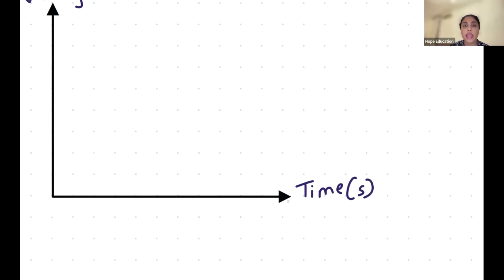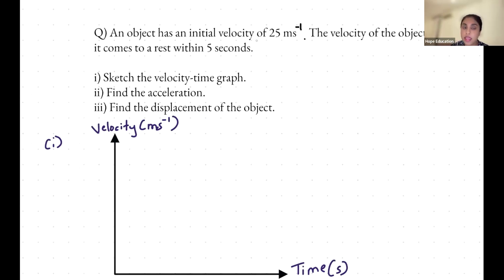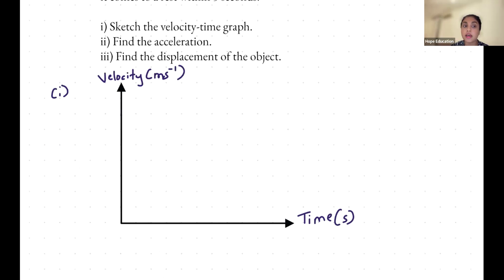An object has an initial velocity of 25 ms^-1. When it starts, it already has a velocity. It starts at 25 ms^-1 and it comes to rest. Comes to rest means what is the final velocity?